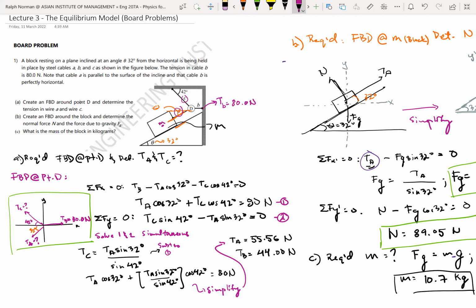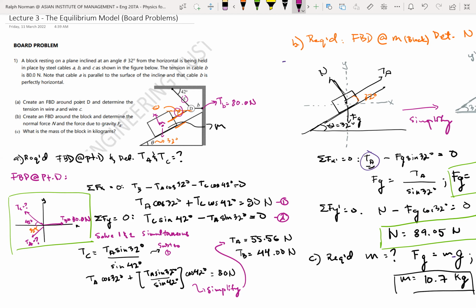And determine yung normal force, and yung force of gravity, and eventually yung mass niya in kilograms.